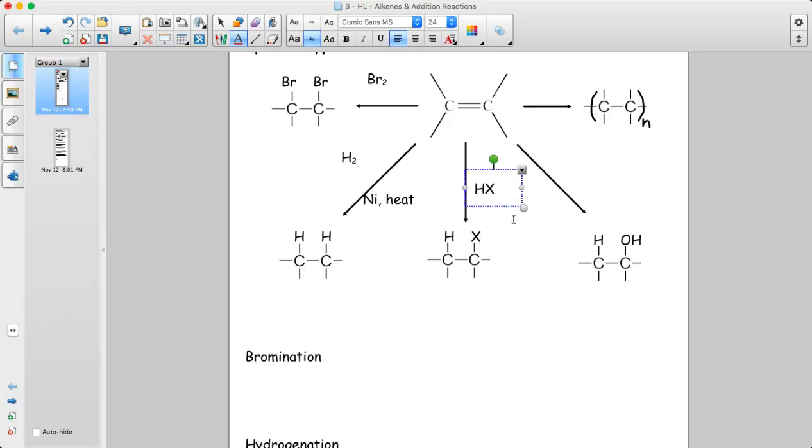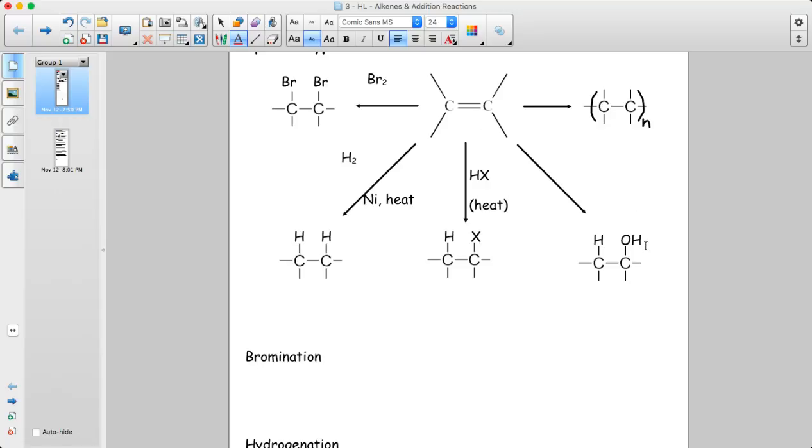And all you need for this is hydrogen halide, so HCl, HF, HBr, HI, and the H and the halogen will attach. So I'm using X here to stand in for generic halogen. As far as I know, there's not really any condition needed for this. If you were stuck and they asked you for a condition, when in doubt, you can always say that heat is recommended because it makes reactions go faster. But in general, not really anything special to remember about that reaction.